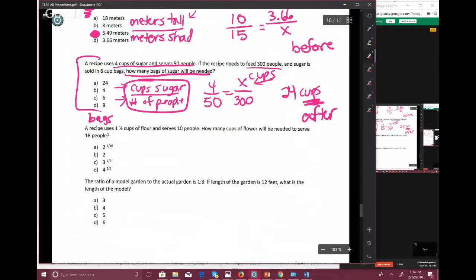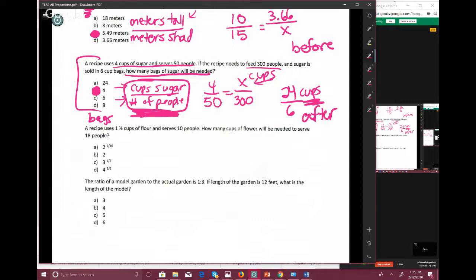Now, if sugar is sold in bags that are 6 cups, all I need to do is divide that by 6, and then I'll have the number of bags that I need, and that will turn out to be 4 bags. All of that has to do with awareness. It all starts with writing your words in before you're trying to build a numerical proportion, and then checking everything and validating that all of your words are matching up and they're truly the words that you would want and the words that you should have.